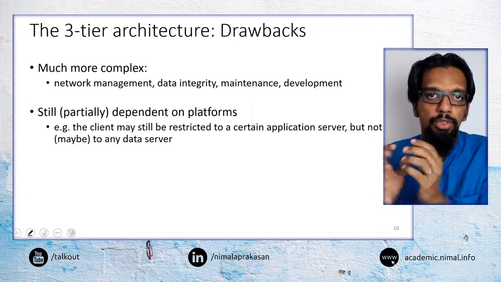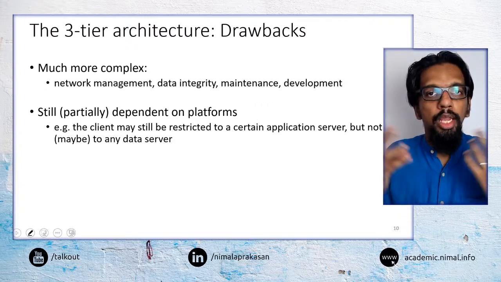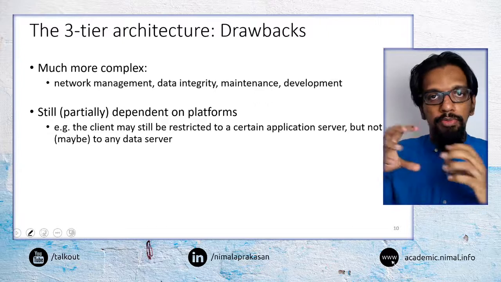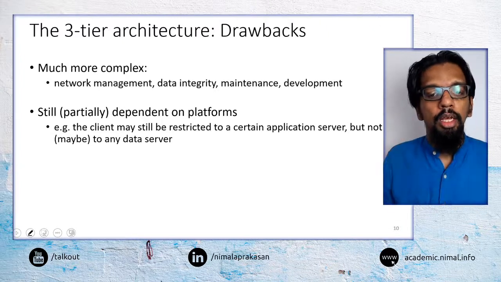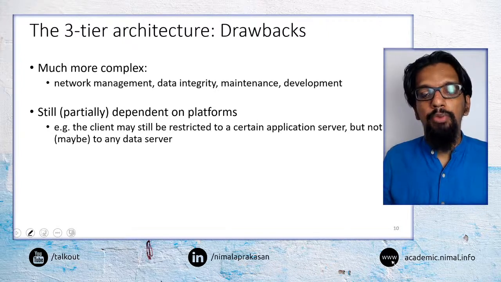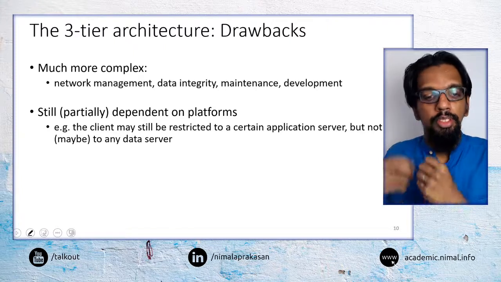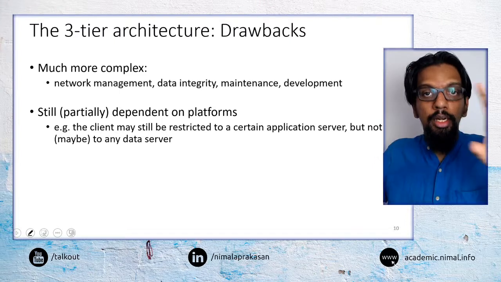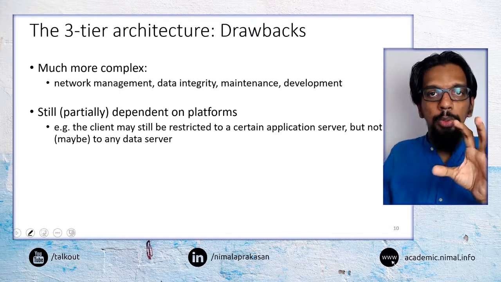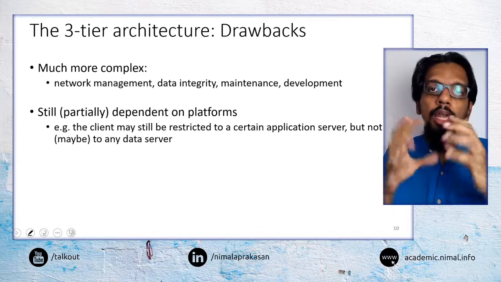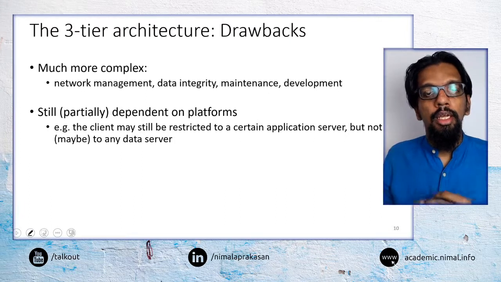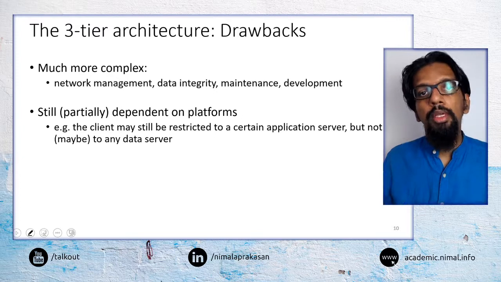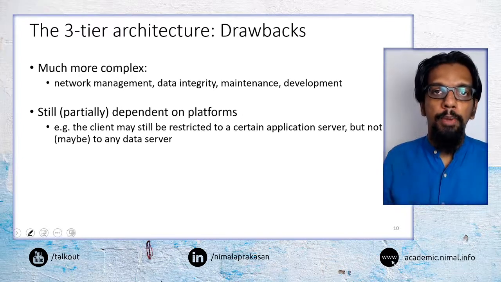This is not totally going to eliminate us from having these servers or these types of setups. We will still rely on these types of platforms, certain application servers and so on. But we can still separate things into independent units. So we can have a much better environment than the two-tier approach, but it is going to be more complex to set up and maintain.